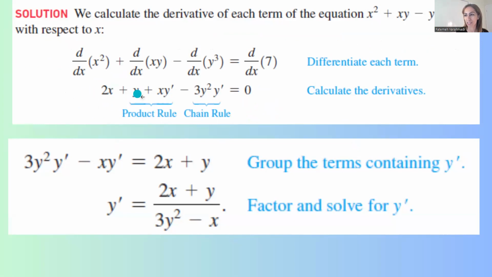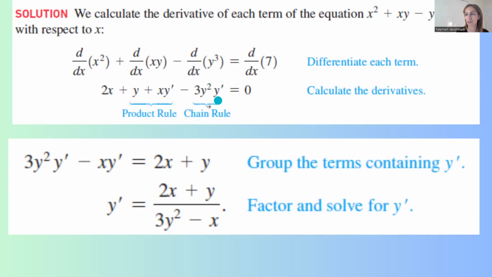You have 2x plus y plus xy prime minus 3y squared y prime equals 0. Keep 2x plus y on one side and then bring these two terms to the other side. We're going to subtract xy prime. That's how you end up with negative xy prime.